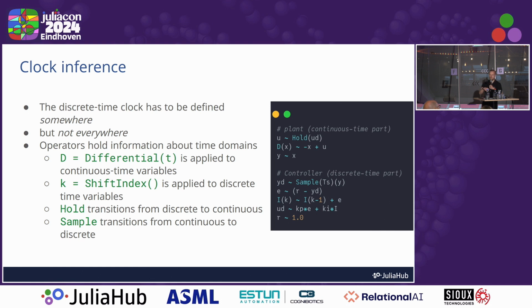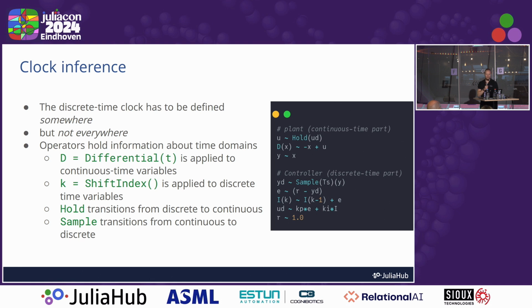We infer the clock, or if it belongs to the continuous time domain, for each variable and for each equation. And the result of that is a list of clock partitions. So it's variables and equations that are associated with each clock, plus the continuous time domain then. And modeling toolkit uses all the operators and the shift index to figure out which partitions variables and equation belong to.